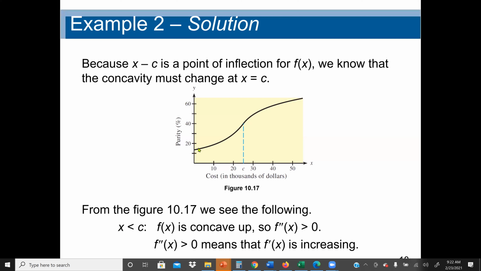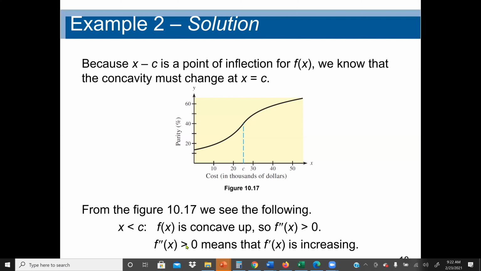In this question, we are using the graph to build our concept just by observing the graph. We can see the changes to the left and to the right of the C also. So based on the changes, the original function F at X, not the derivative, is concave up. So the second derivative of F at X will be greater than 0.